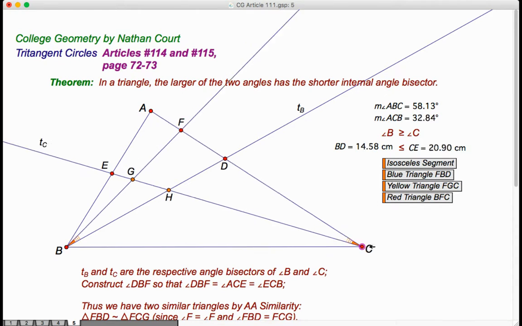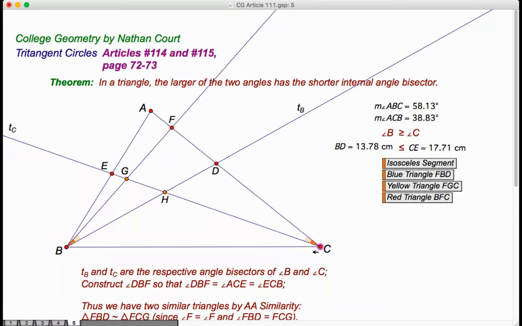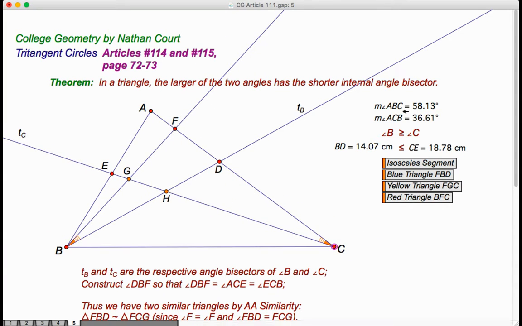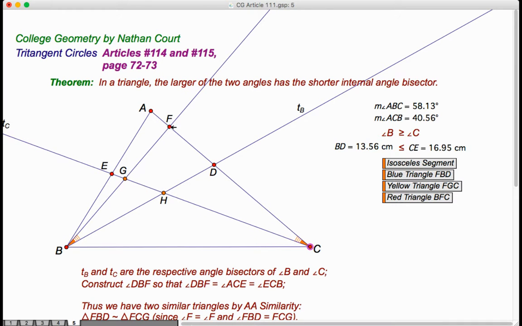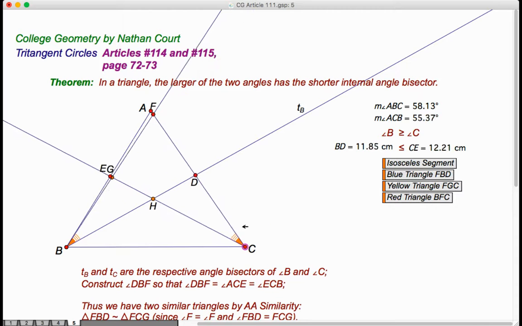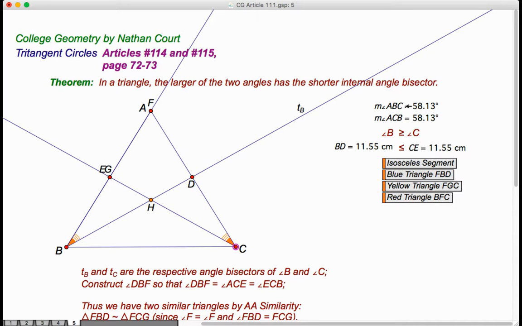And I made it in such a way that the values change. But at this point, when this point and that point coincide with the other points, I end up with equal values and I end up with an isosceles triangle. Okay?